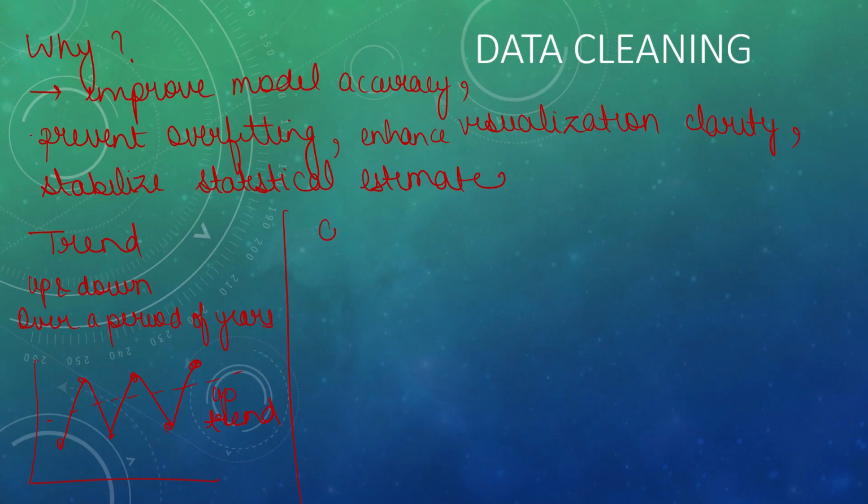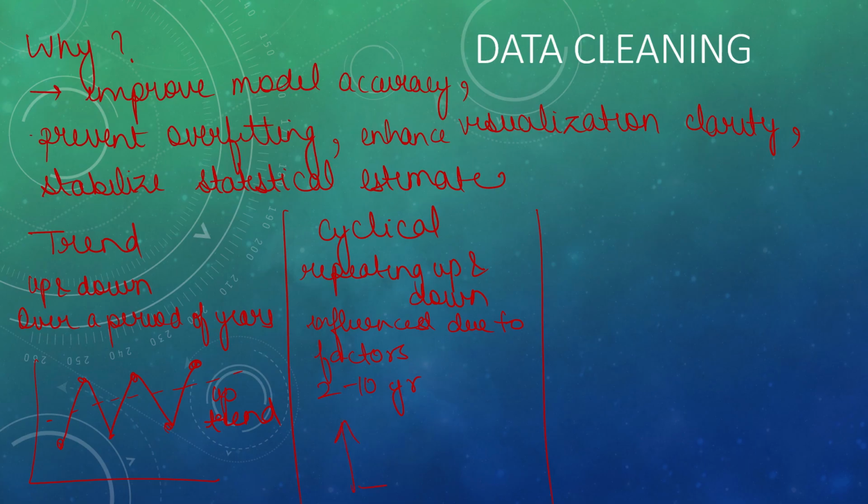Then the cyclic component: repeating up and down. It may vary due to interactions of factors influencing the economy, with a 2 to 10 years duration.